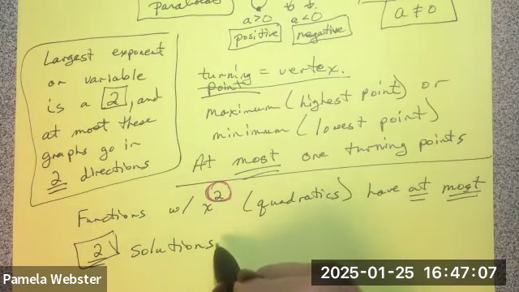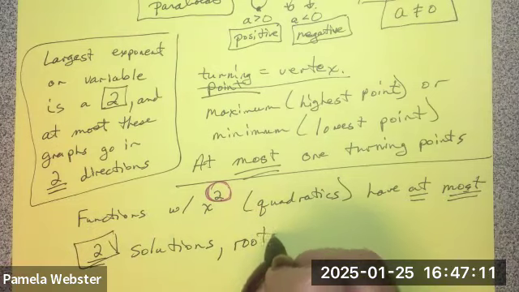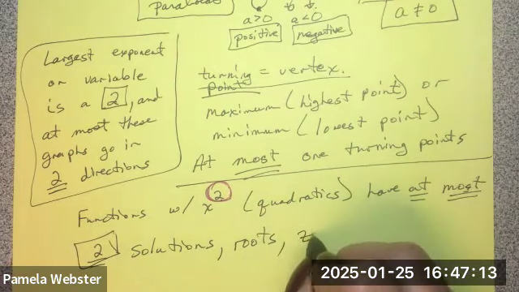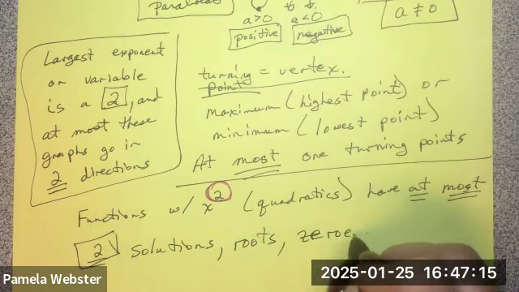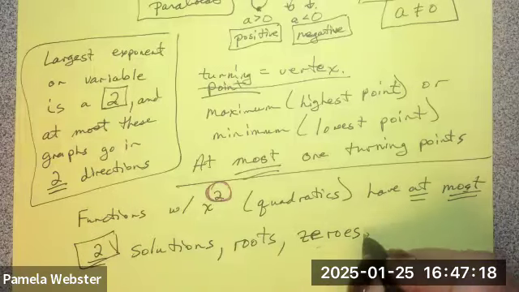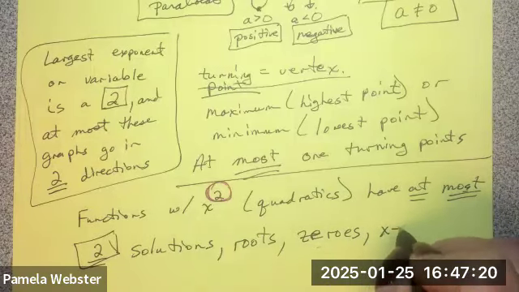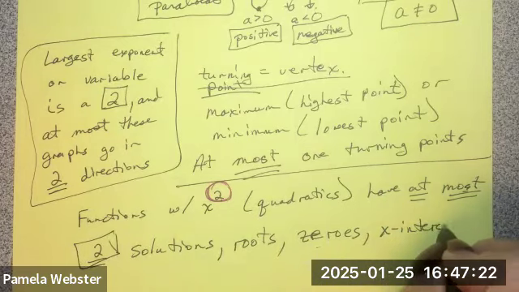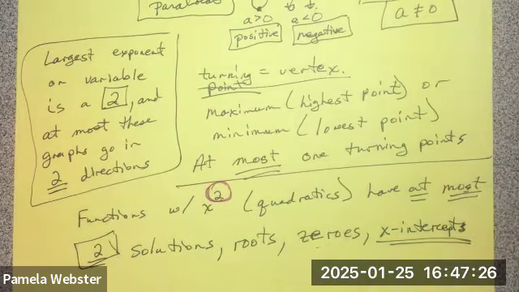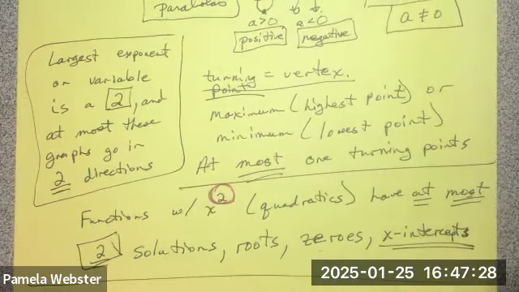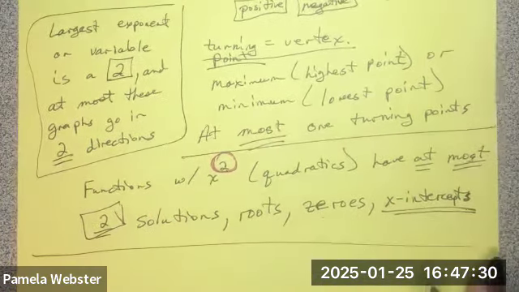So for our purposes, these are going to be called solutions. You might have heard them before called roots. You might have heard them called zeros, okay, which is also solutions. A very common one in algebra is x-intercepts. That's the one we're probably going to deal with a lot in this course. You're going to see it repeatedly.